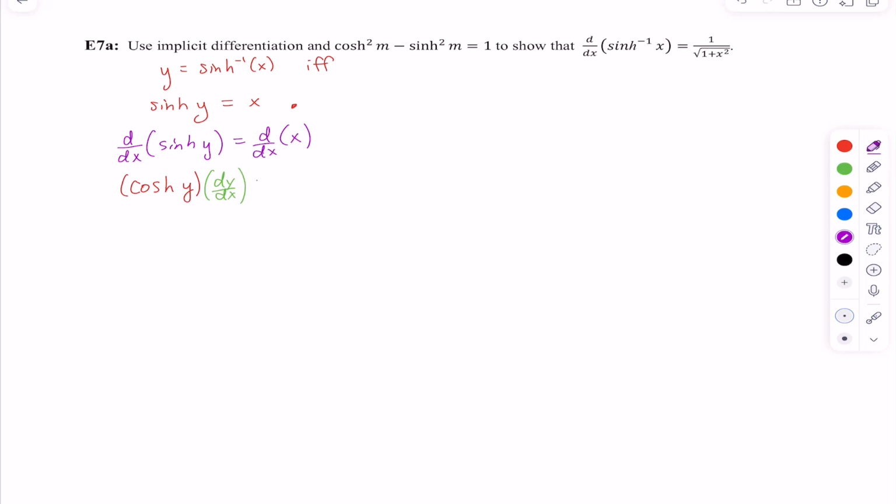On the right-hand side of the equation is simply 1. And now we have dy dx is equal to 1 over the hyperbolic cosine of y. But what is the hyperbolic cosine of y?